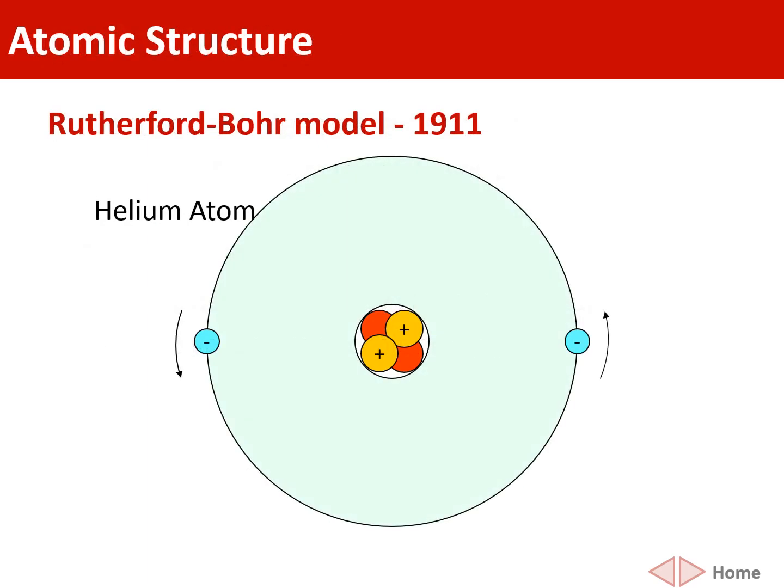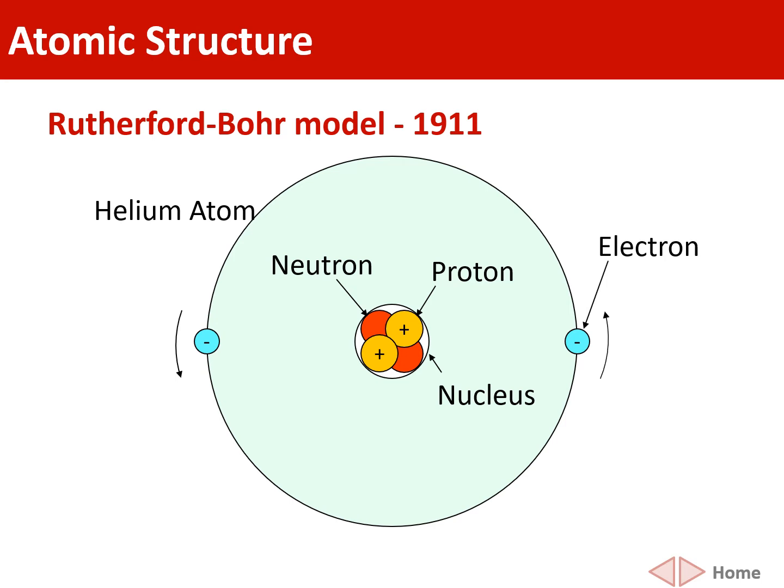Okay, so we've ended up with this model of the Rutherford-Bohr atom, the atom that you all know. At the center, we have protons and neutrons. They were discovered later, and we don't need to know how they were discovered, but again, it was by firing particles and things. We'd call that the nucleus. Orbiting the nucleus are the electrons.